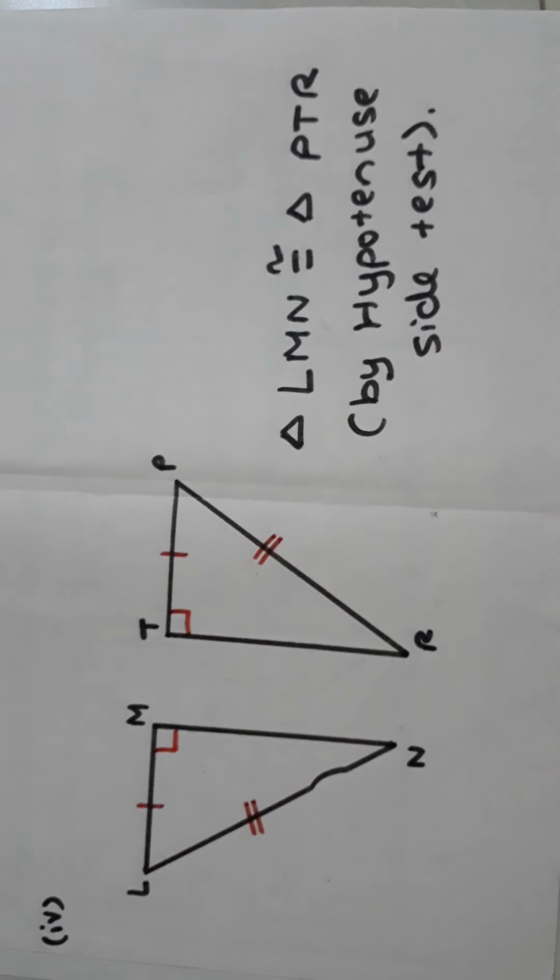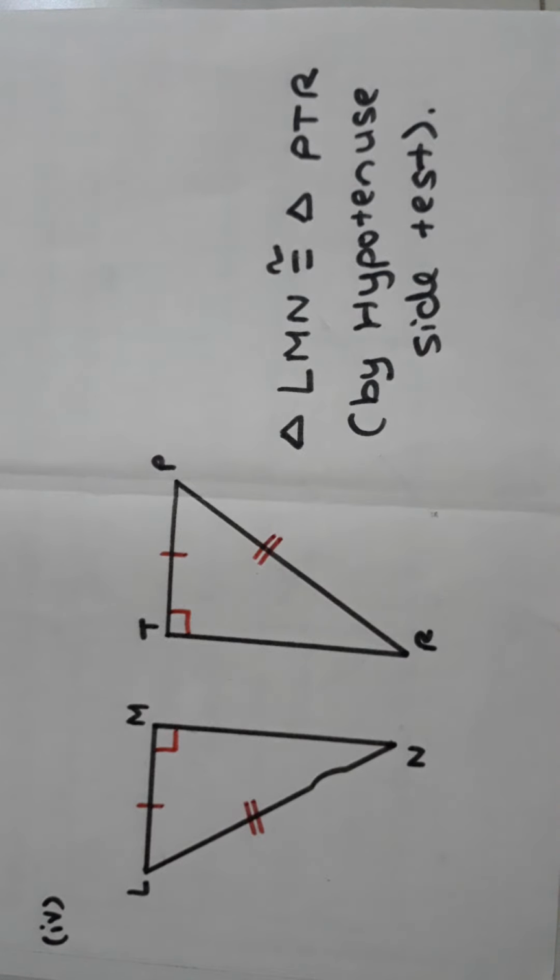Now the next is hypotenuse side test. Now you can see that both the triangles are right angle triangles. So what is hypotenuse side test? If hypotenuse of both the right angle triangles are congruent and if one side of both the triangles are also congruent, then we say that both the triangles are congruent by hypotenuse side test.